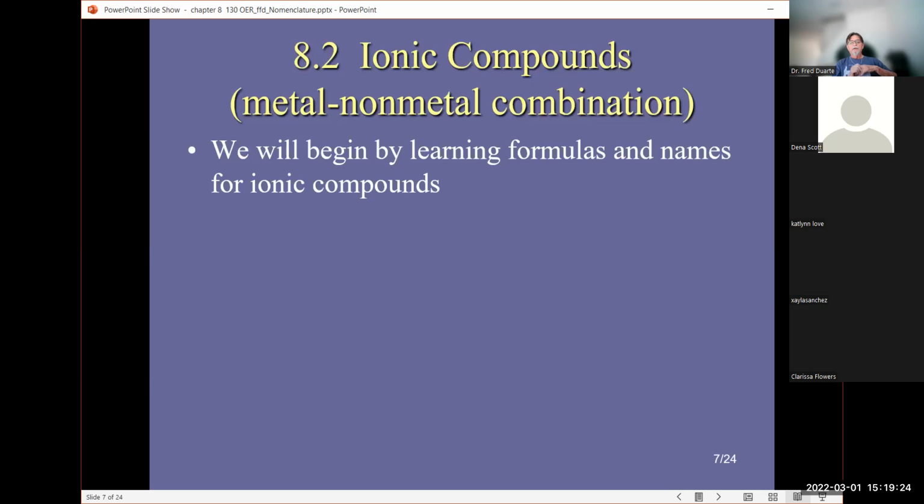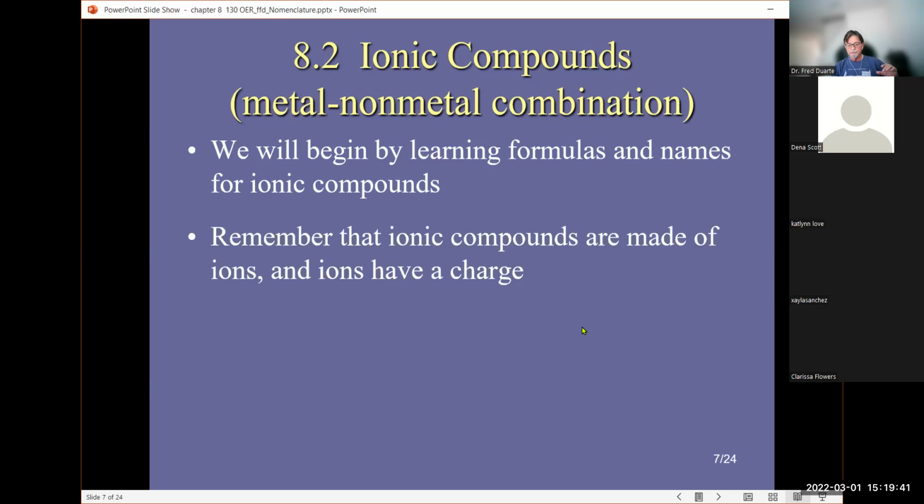Okay. Now we're going to take ionic compounds, which are a combination of a metal and a nonmetal. And we're going to begin learning the formulas, and then we're going to talk about the naming of ionic compounds. Okay. Now remember that ionic compounds are made up of ions, cations and anions, with a specific charge.